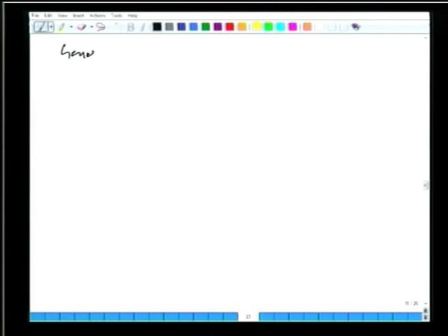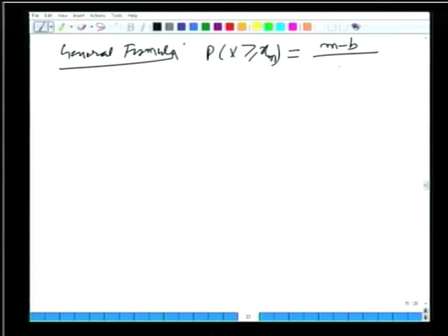So, for all of these formulas, we can write a general formula. The probability of x greater than or equal to xm can be described as m minus b divided by n plus 1 minus 2b.